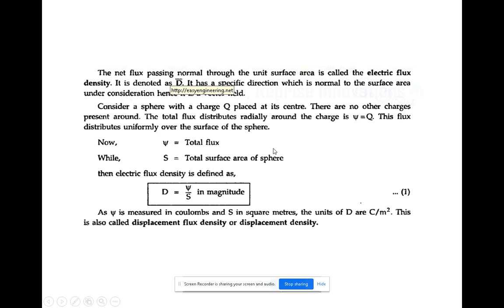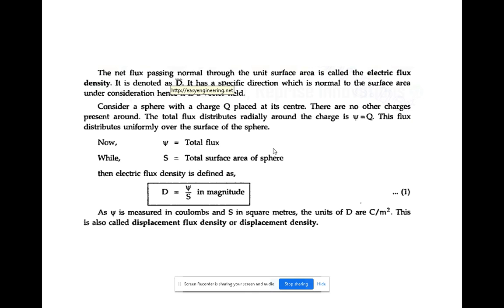So here we are going to consider a sphere, a spherical shape, where the charge Q is placed. No other charges are present around that spherical area. The total flux distributing around the charge will be considered as Q, psi equal to Q. This flux distributes uniformly over the surface of the area.